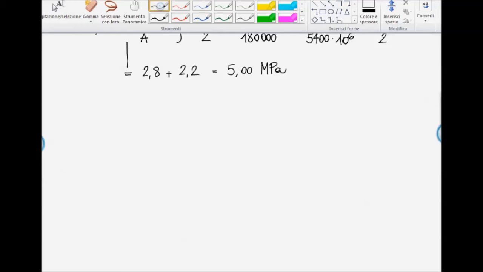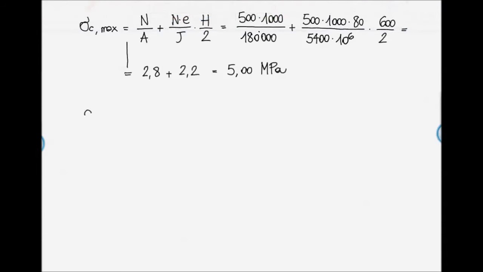Then we have sigma C min, which is the value of the stress in concrete in the inferior fiber of the cross-section. That is N over A minus N by E over J by H half.